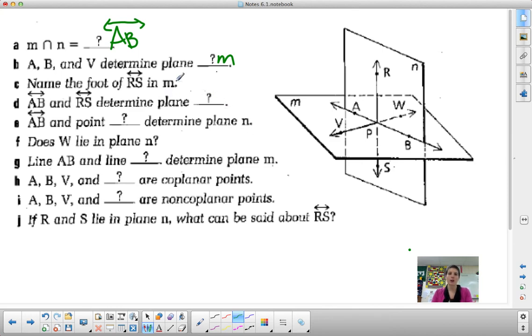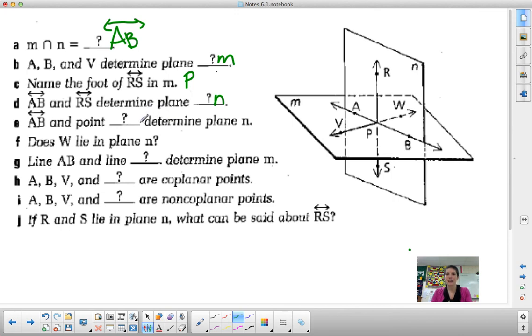Name the foot of RS in M. The point that's on RS at the spot where it intersects plane M is point P. Line AB and line RS determine plane N. Two lines determine a plane.